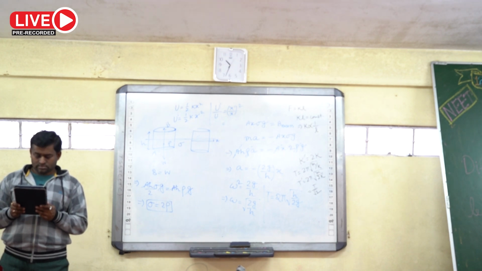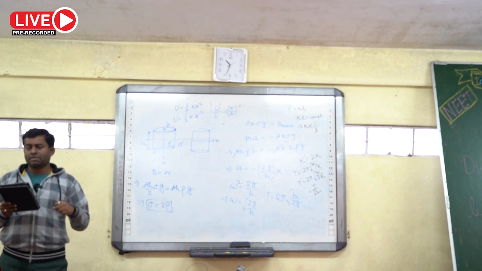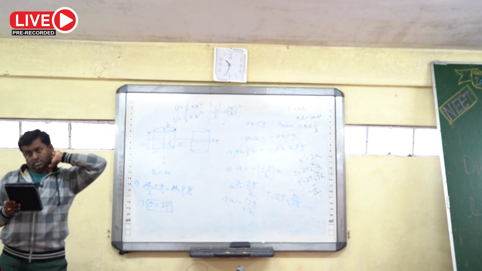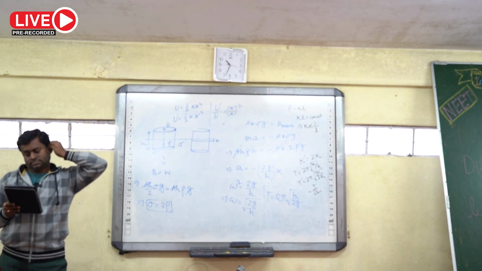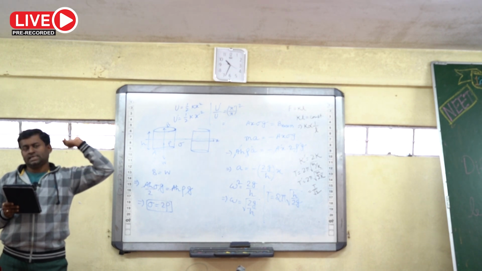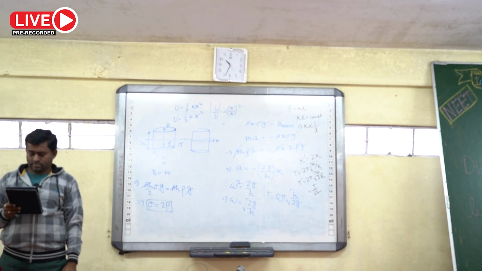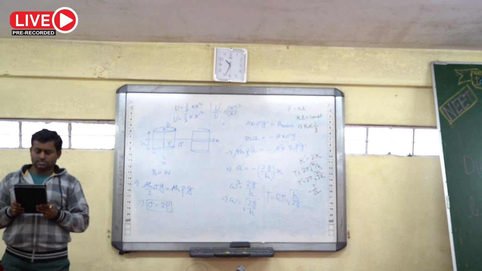Option A, pi capital A by 2. Option B, pi capital A. Option C, 2 pi capital A. Option D, capital A.